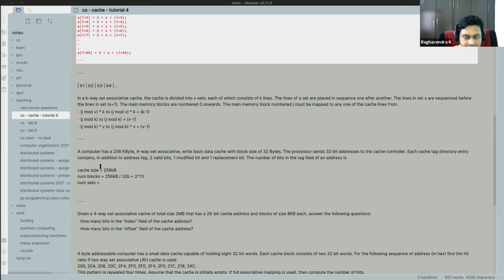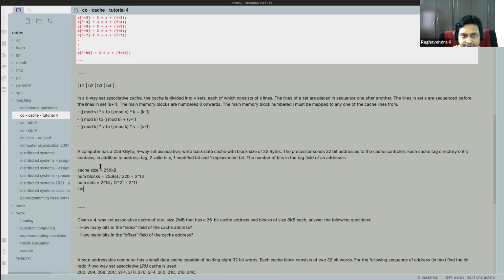So the number of blocks is 2 power 13, and the number of sets is the number of blocks, that is 2 power 13, divided by the associativity. The associativity is 4, so 2 square, then it is 2 power 11. So the number of sets is 2 power 11.